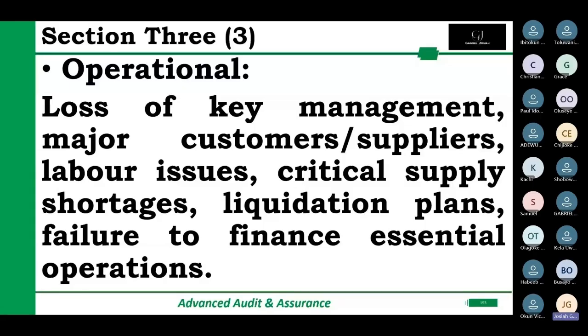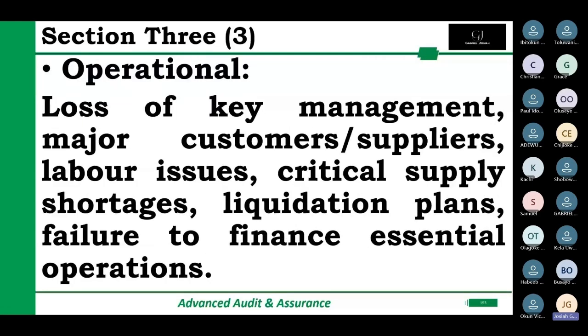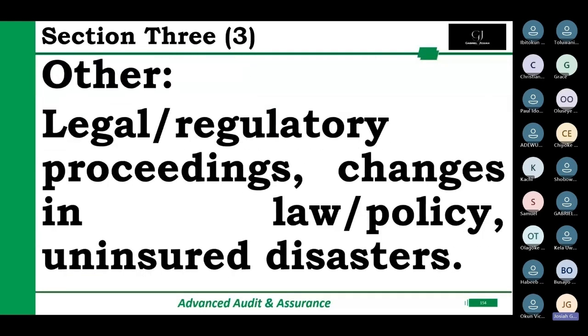Others could include legal disputes, regulatory proceedings, changes in law and policies, uninsured disasters that are material or significant that had hit the company. These are going concern issues that could bedevil the company.